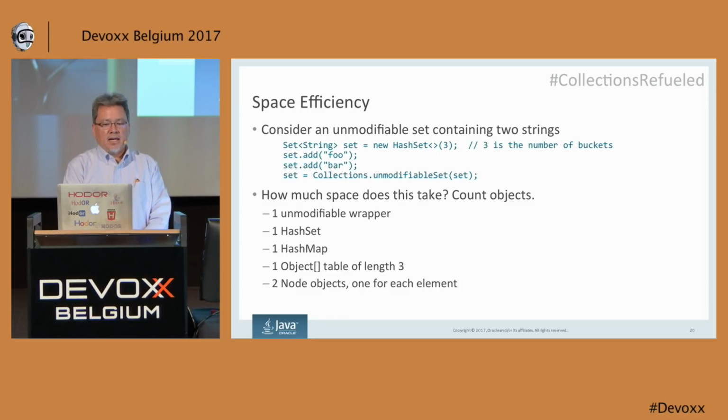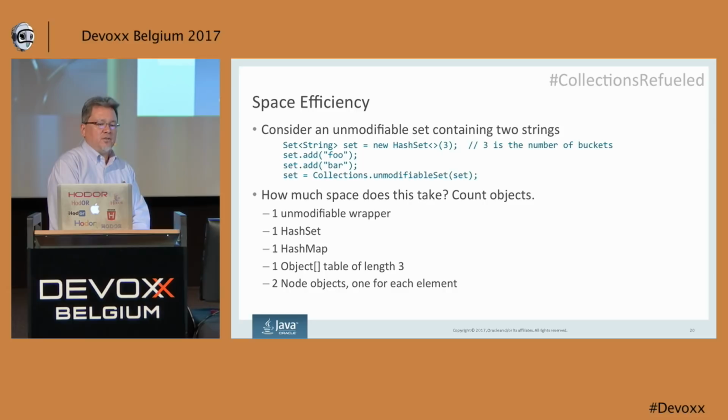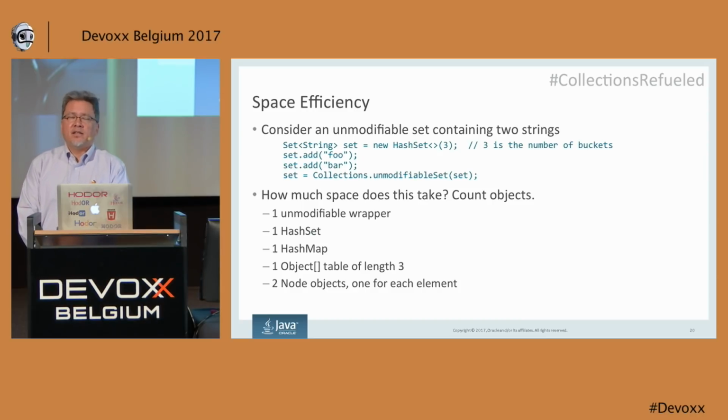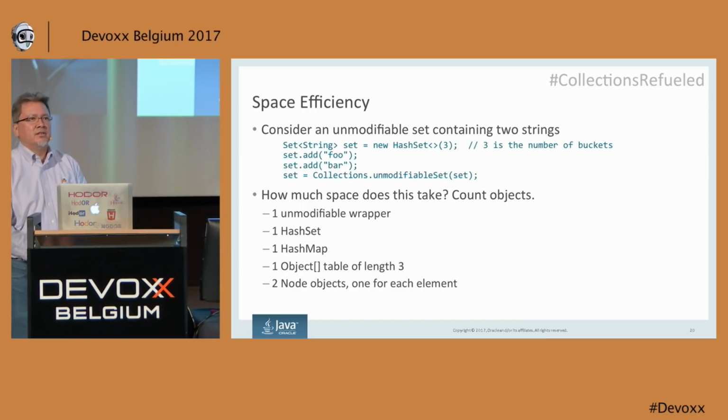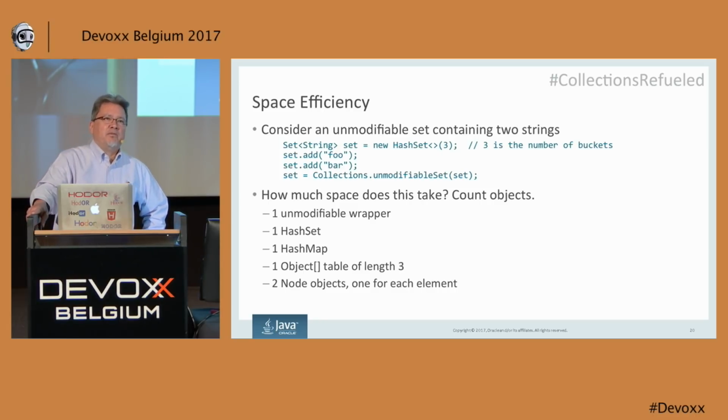Let's create a hash set in the conventional way, add 2 strings to it, foo and bar, and then wrap that in an unmodifiable set. You have to know a lot about the internal implementation of hash set. A hash set is actually built on top of a hash map.